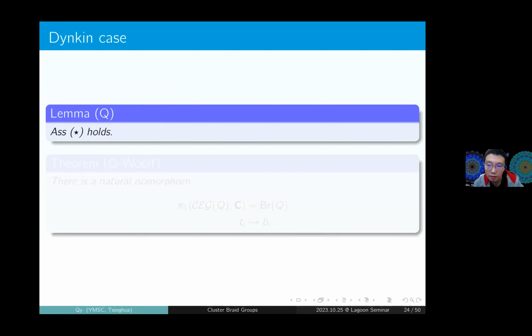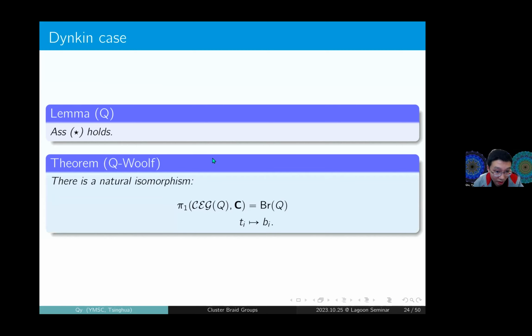They were just squares and pentagons. Like the associahedron of type A3, there were 3 squares and 6 pentagons, which we'll see in a minute again. And in the paper with Wolf, we show that this cluster braid group, which is the whole pi1, is isomorphic to the braid group naturally.